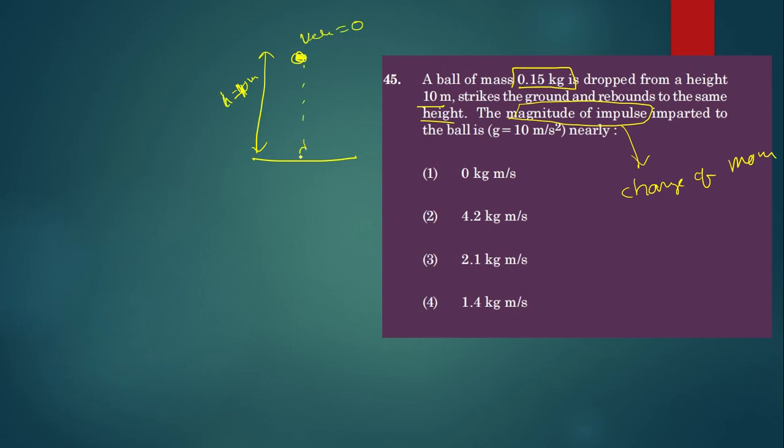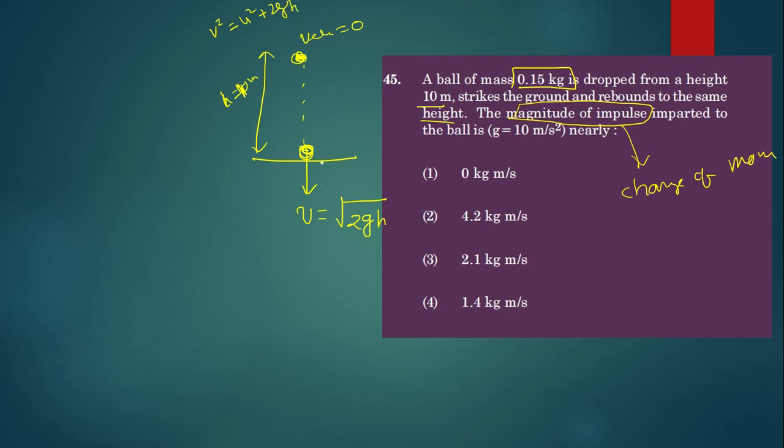When it strikes the ground, it will strike with a certain velocity, and we know from the motion chapter that it is square root of 2gh. How? We can apply the equation of motion: final velocity squared equals initial velocity squared plus 2g multiplied by distance, which is equal to h.